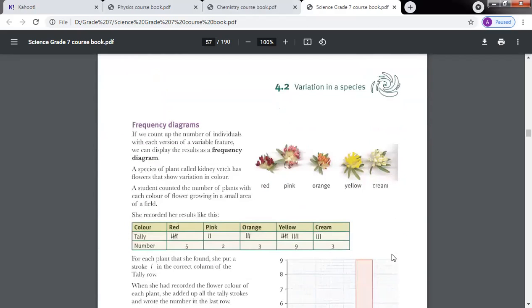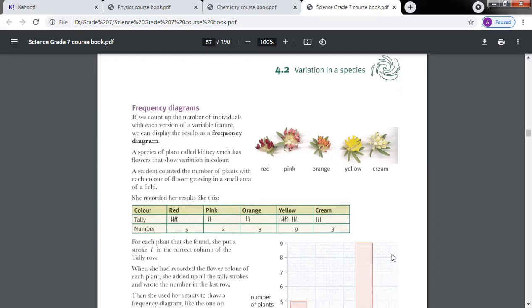And here it gives you different kinds of flower. You can see flowers we put in one category. Flowers are one species, but you can see they have different colors, different size of the flower, different number of petals, and they have different smell. Okay, these all are called variation in the species.